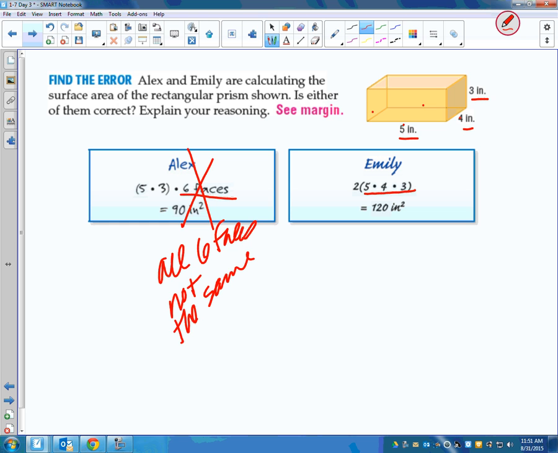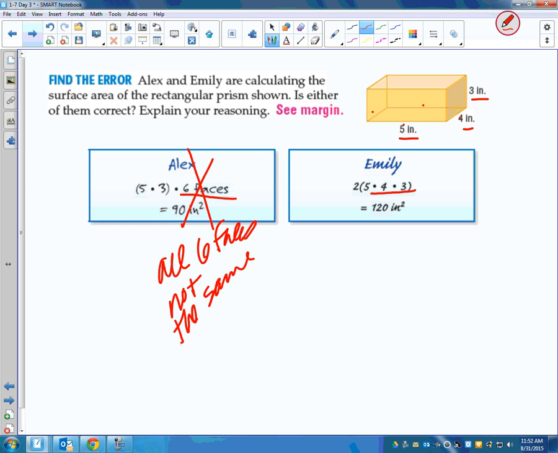If this 2 wasn't here and you did 5 times 4 times 3, what's that? That's volume, right? That's the area of the base times the height. I don't know where that 2 came from, but it's like there are 2 of them.